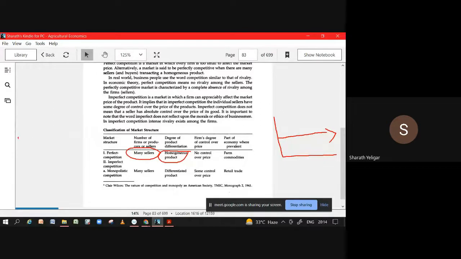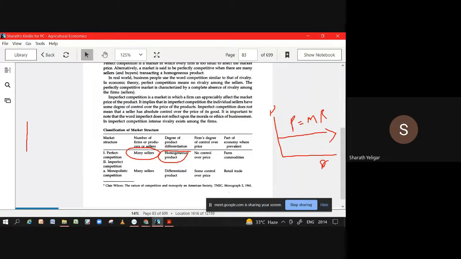This point is given in Koutsoyiannis' book for SRF people, I'm telling. JRF, okay, you can understand just homogeneous products and many sellers. This point is given there, that these two assumptions prove that if this is price and this is quantity, then price is equal to MR is equal to AR, and this is the demand curve in reference to the perfect market.